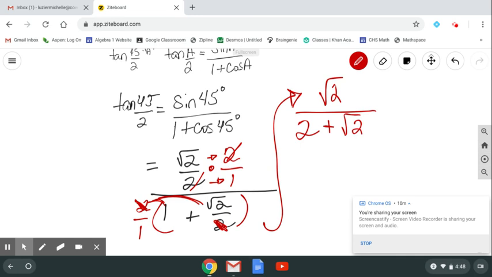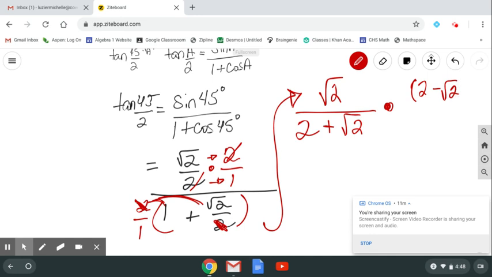Okay, now we have to rationalize the denominator. We have to get rid of this radical that's in the denominator. So we multiply by what we call the conjugate. I think I mentioned this before when we were looking at tangent. To rationalize a denominator that has 2 plus radical 2, it's not just radical 2, you're going to multiply by the conjugate, which is 2 minus radical 2.